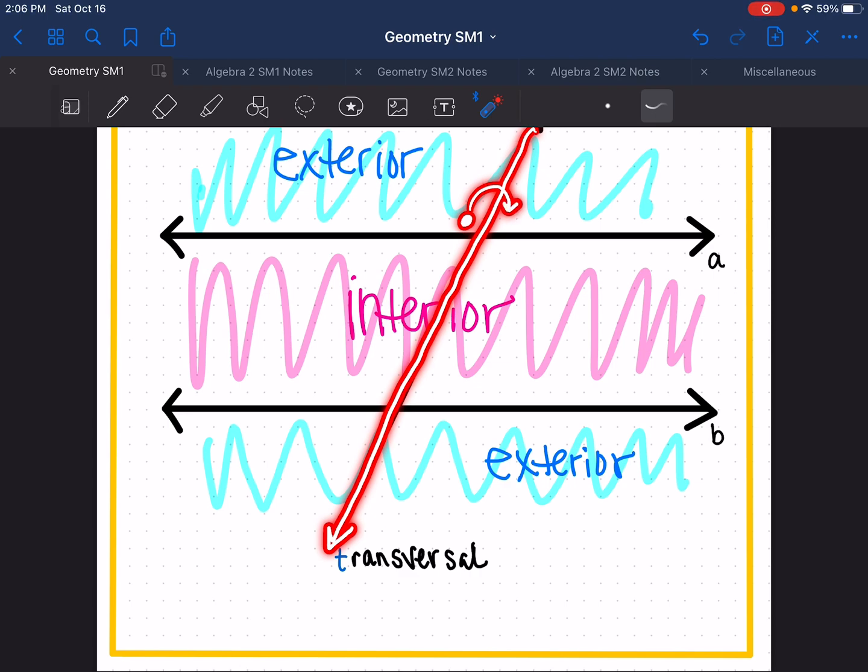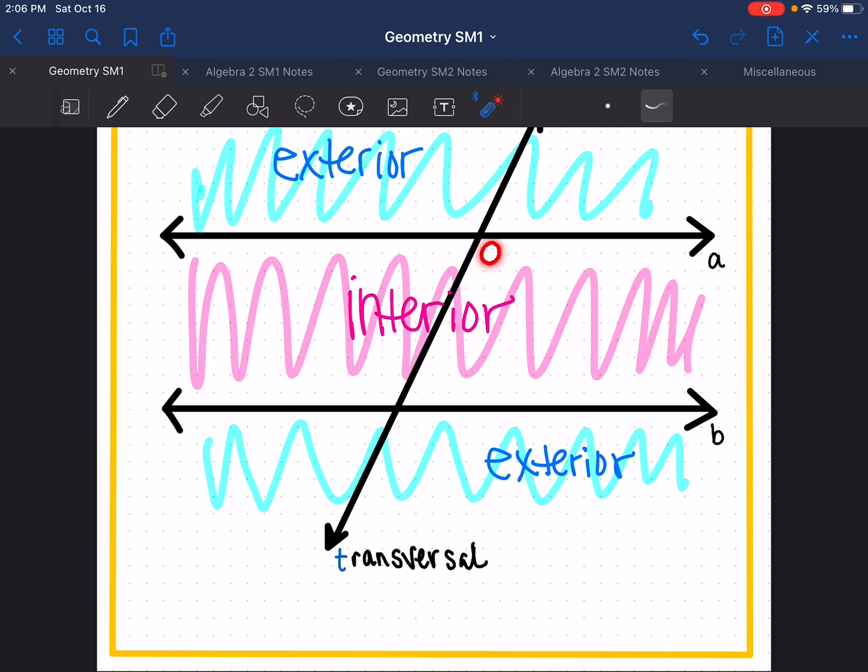Because I must talk about the group around line A, and put it to the group of angles around line B. So I need to then slide all the way down to the other exterior point, and these would be considered alternate. Exterior, of course, because they are outside.